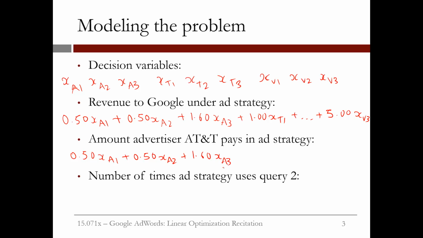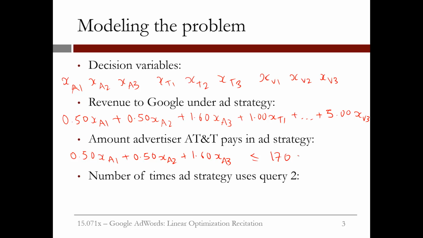Now, one of our constraints, as you will recall, is that this cannot exceed AT&T's budget, which is $170. So our model would have the constraint 0.5 XA1 plus 0.5 XA2 plus 1.6 XA3 is less than or equal to 170. We can repeat this to get the same kind of budget constraint for T-Mobile and Verizon.